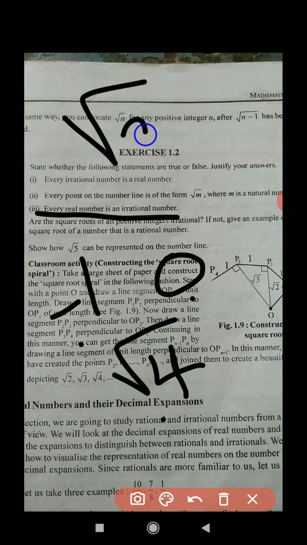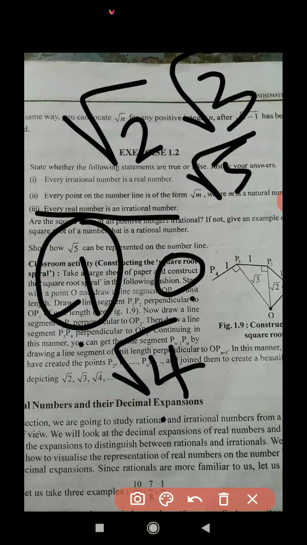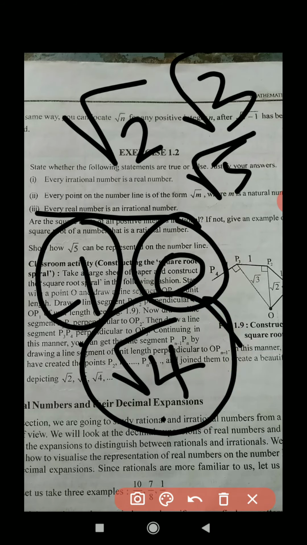Irrational number means it should be root 2, root 3, root 5, isn't it? -1 is not irrational. It is a negative integer. 0 is not irrational. It is a whole number. Root 4, when we simplify, we are going to get 2, which is nothing but a rational number. Again, it is not an irrational number.